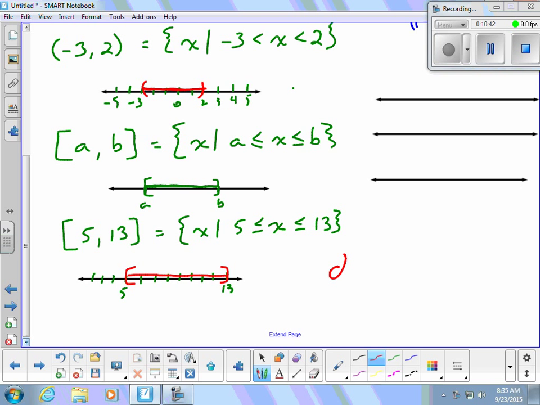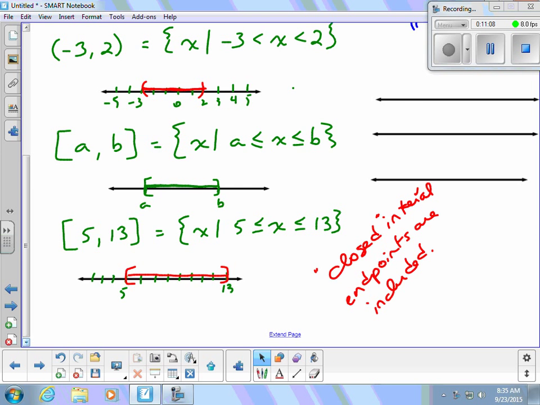And this is called a closed interval because the endpoints are included. So the only difference between these two intervals is the shape of the bracket and the inequality symbol in the description.